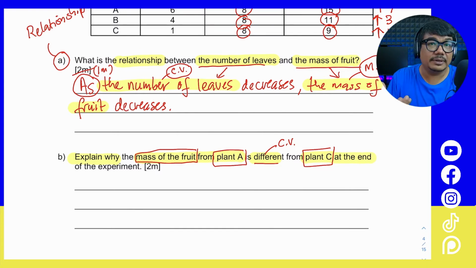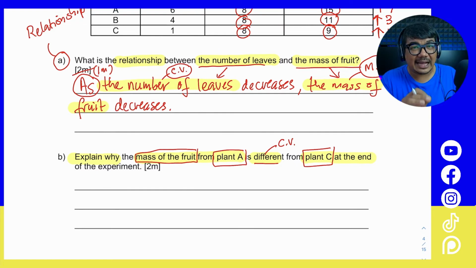Excess food will be stored as starch, and the fruit is one of the locations where this starch is stored. So the higher the rate of photosynthesis, the more food is made, the more starch we have, the bigger the fruit is going to be.